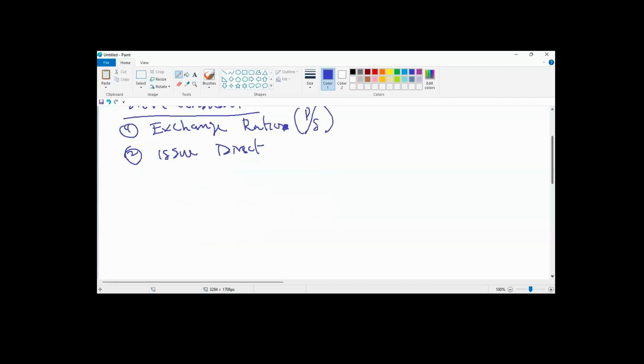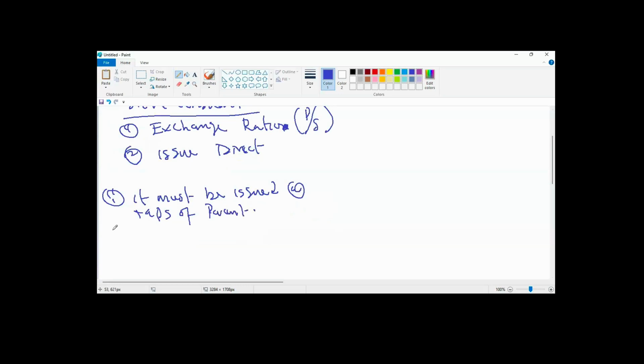What do I need to know? Things to know. 1, it must be issued at the market price per share of the parent.